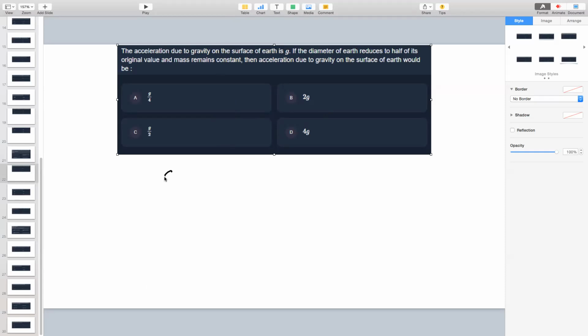It is given that the acceleration due to gravity on the surface of Earth is g, and we know that the value of g is GM by R square, where G is the universal gravitational constant, M is the mass of the Earth, and R is the radius. You are asked to find the new value of g. The diameter is reduced to half, which means the radius is also reduced to half, and the mass is constant.